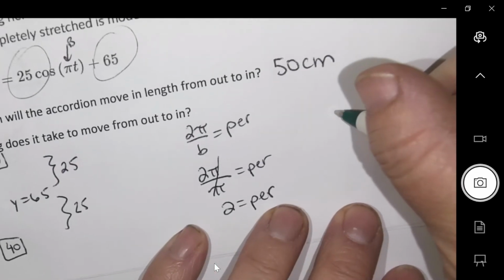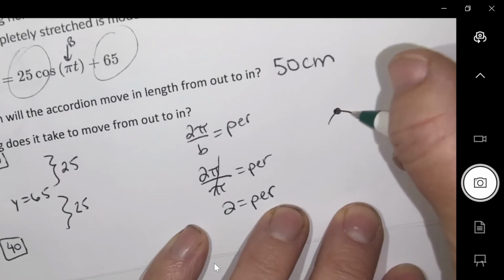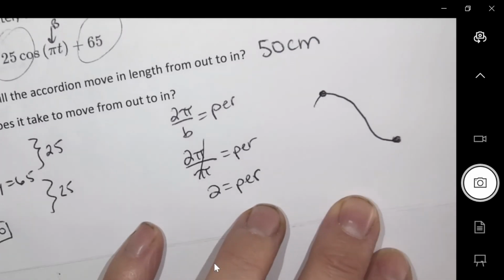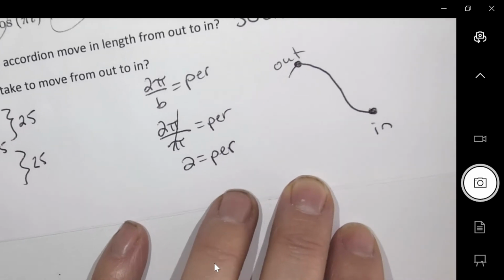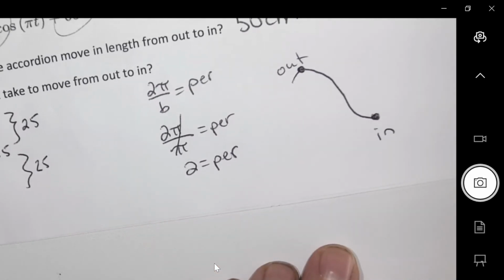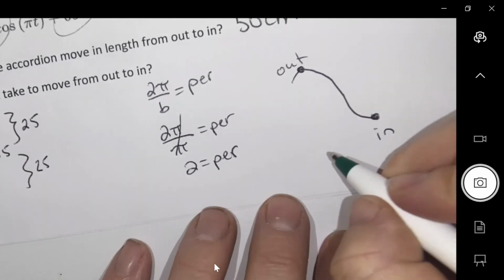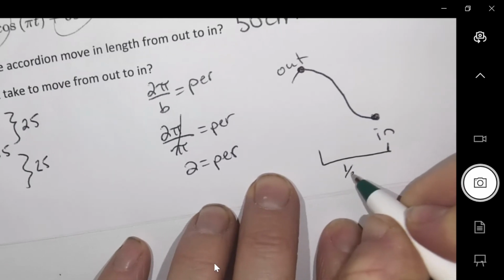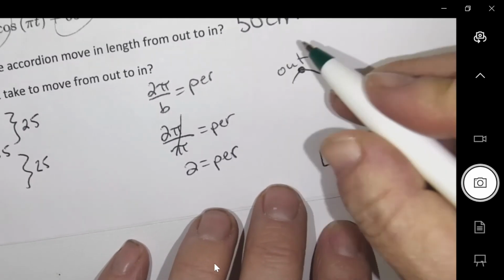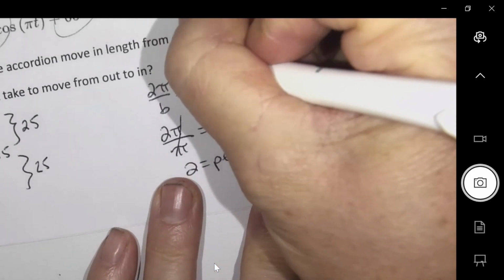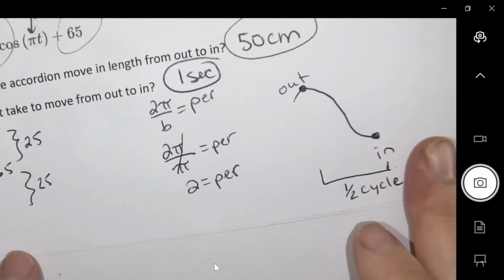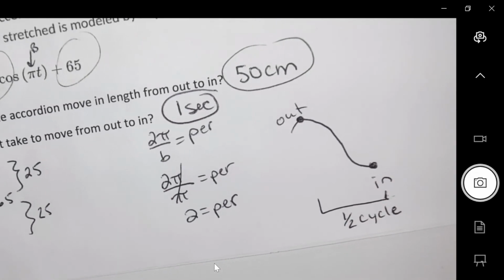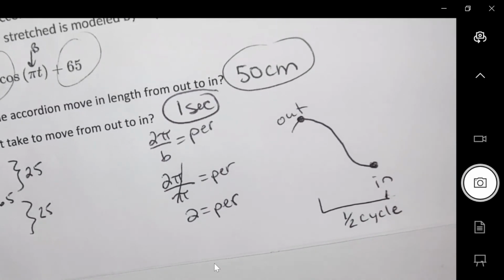Because when you move out, this is out to in. Is that a full cycle? Nope. This is a half of a cycle. So just doing that should only take you 1 second. Okay?